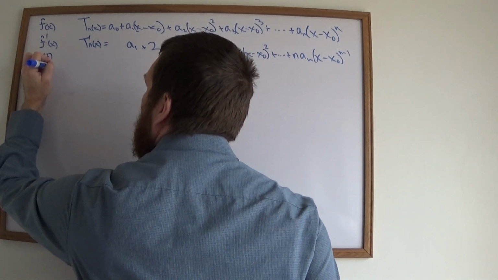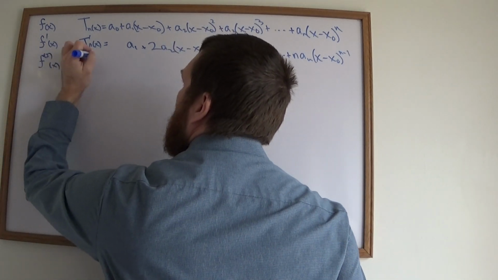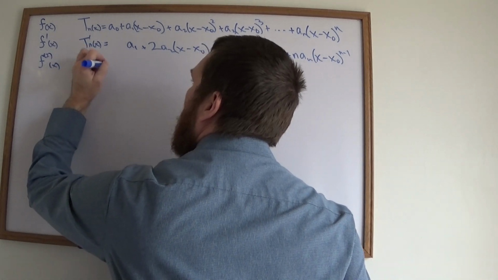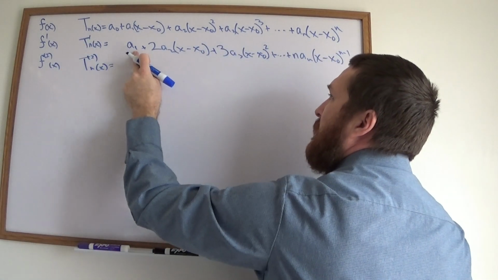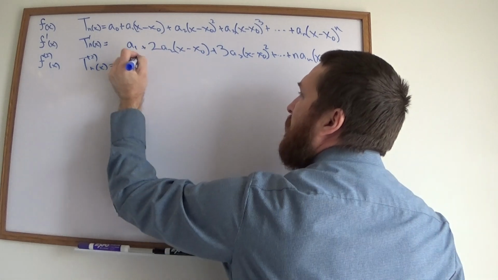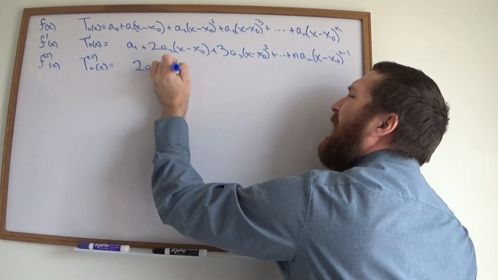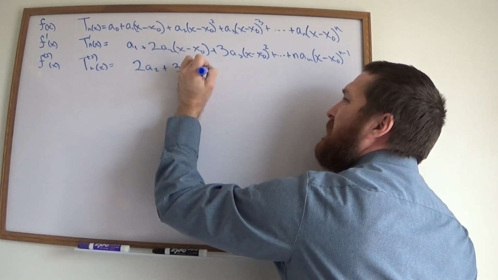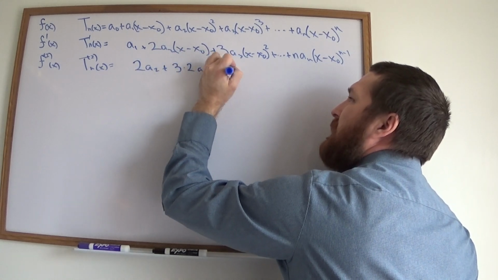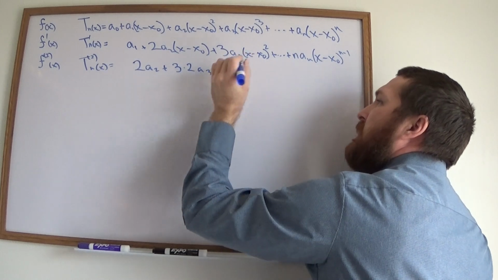So you take the second derivative. What happens here? 2a2 plus 3 times 2 times a3 x minus x0 raised to the 1.